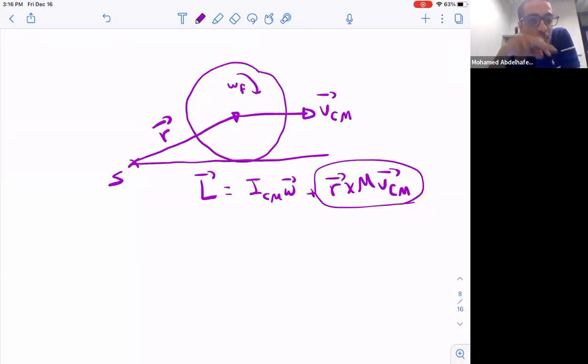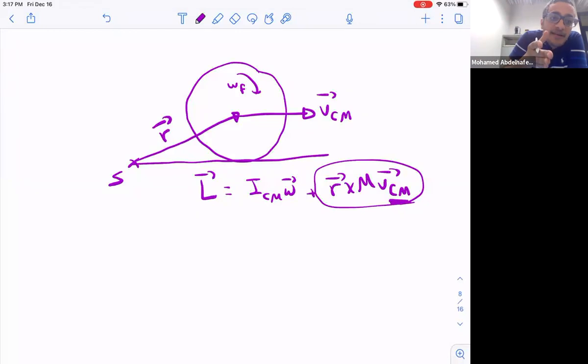Doing this cross product, you can write down the components of R and cross them with the components of velocity, but the way I think about it is like this. Whenever you're doing a cross product between two vectors, it just means you're getting the perpendicular part of one into the other. You don't care about the full vector R, you just care about the perpendicular part of it, perpendicular to V here. This velocity vector I'm going to keep as it is.